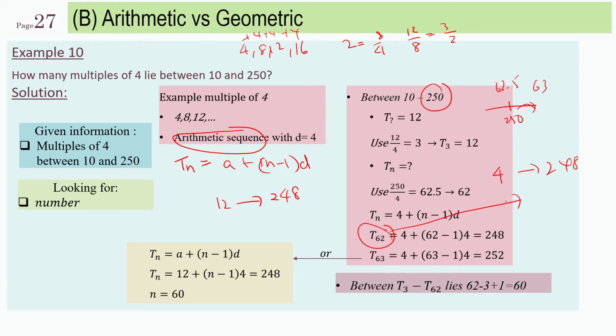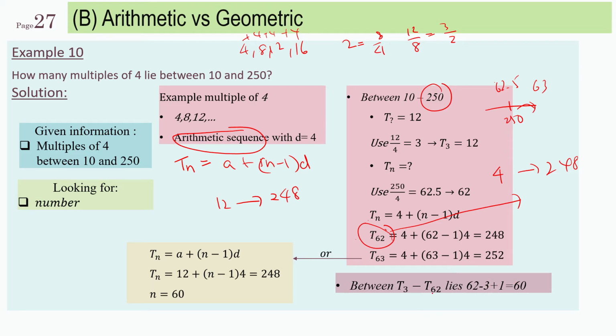So there are two ways to look at this question, to calculate from 12 to 248. The first one: I know my 12 is my T3. So from T3 to T62 there are 60 terms. This is slightly difficult to understand: it is 62 minus 3, and don't forget plus 1 because T3 is counted.